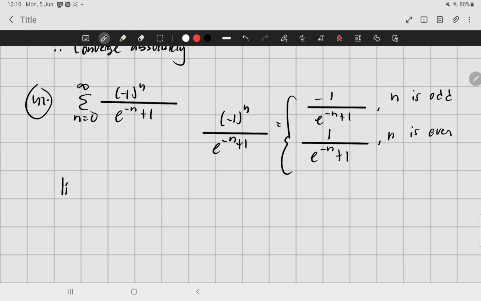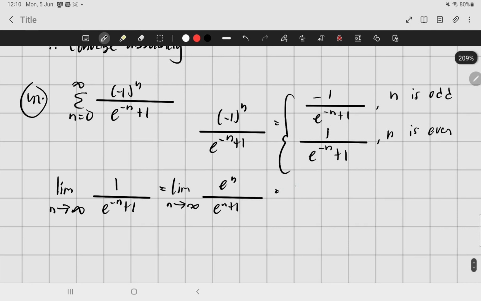When we take the limit, 1 over e to the power negative n plus 1 is equivalent to e to the power of n over e to the power of n plus 1, which we know is 1.